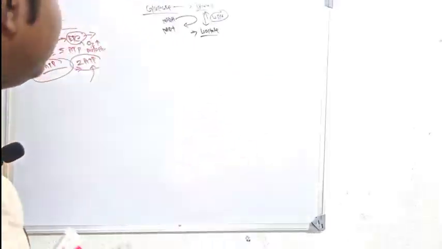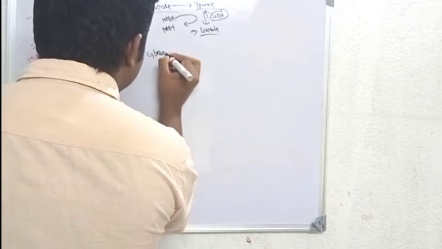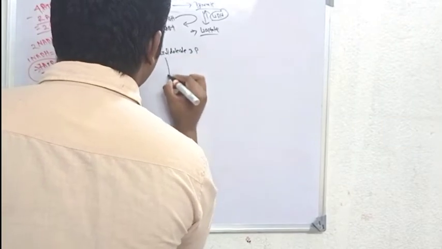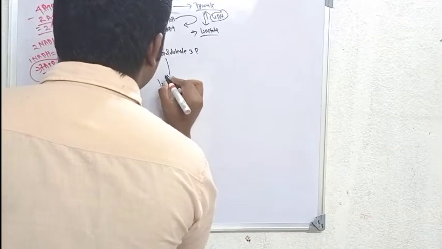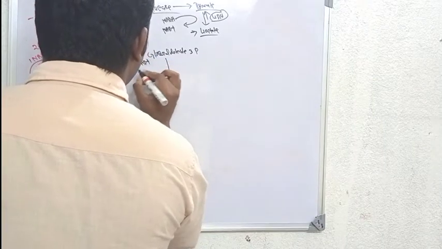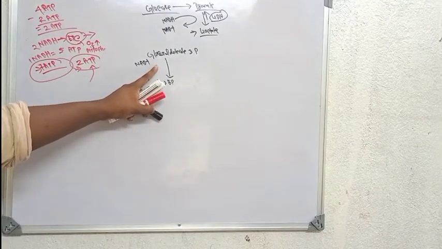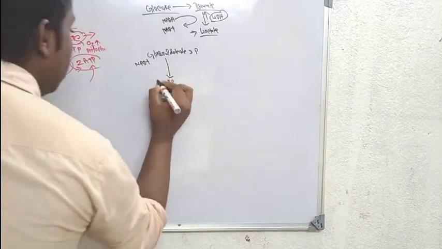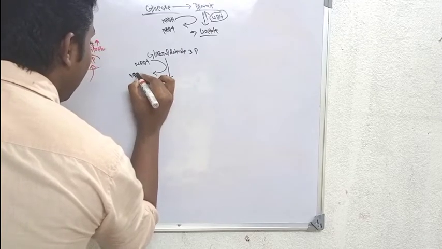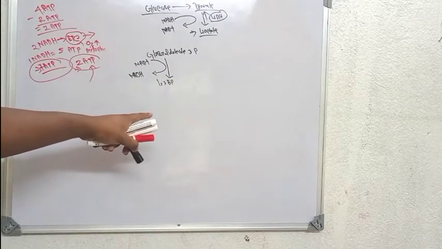Please remember the step glyceraldehyde 3-phosphate to 1,3-bisphosphoglycerate. This step needs free NAD plus. If all the NAD plus available inside the cell is converted into NADH, how can glycolysis continue?